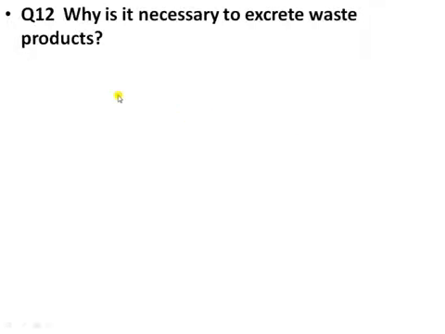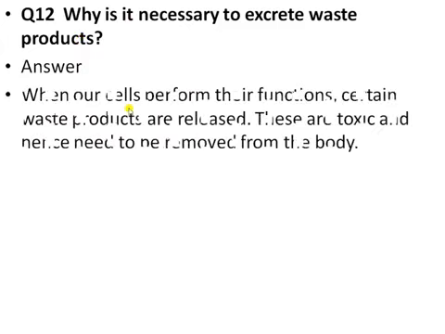Next question is, why is it necessary to excrete waste products? The answer is, when our cells perform their function, certain waste products are released. These are toxic and hence need to be removed from the body.